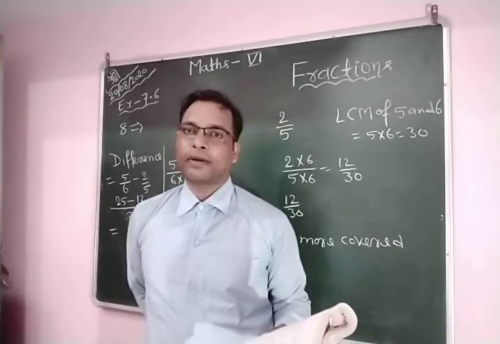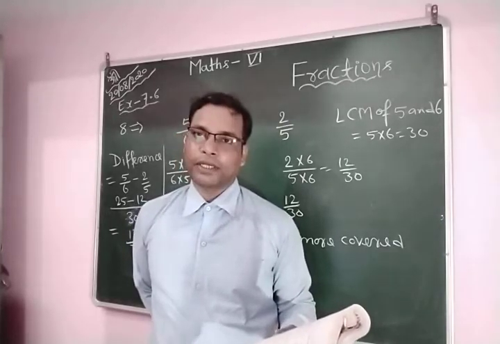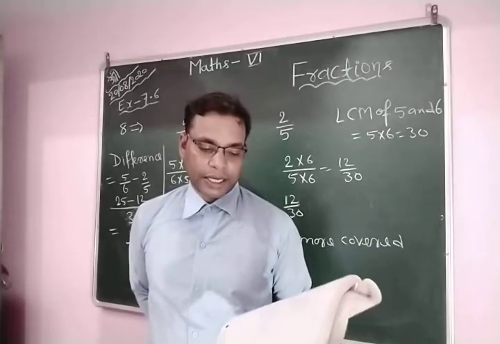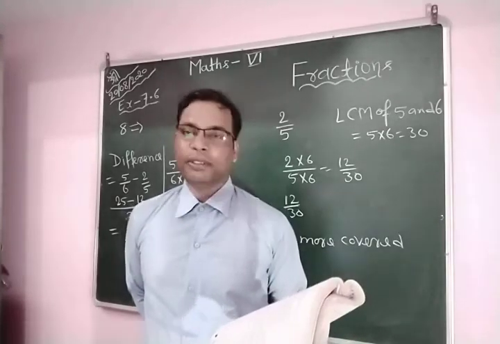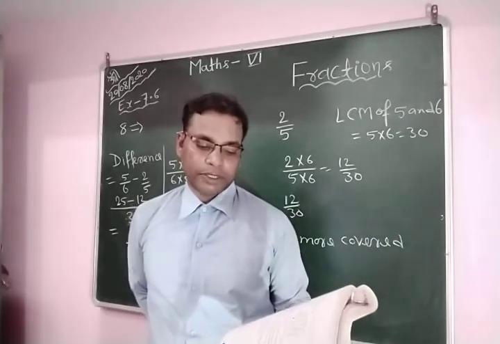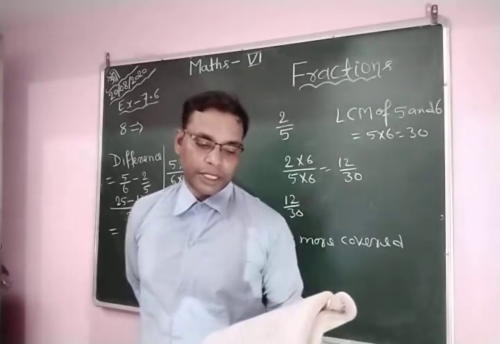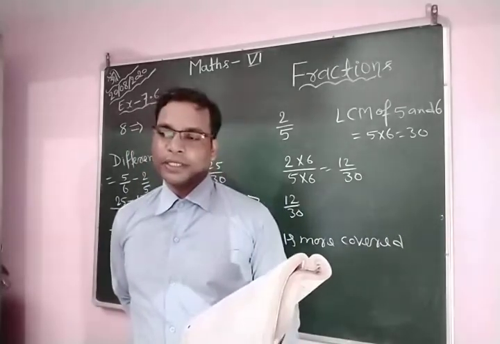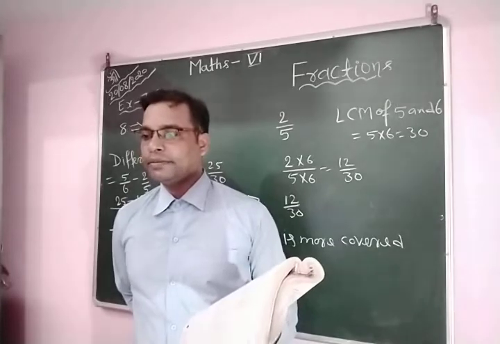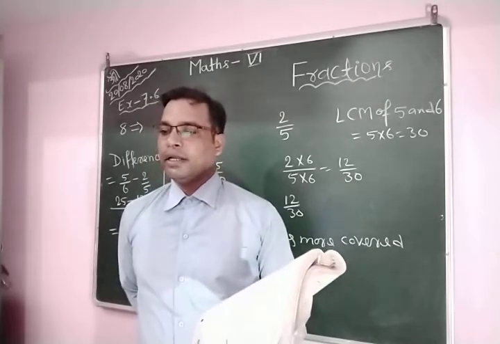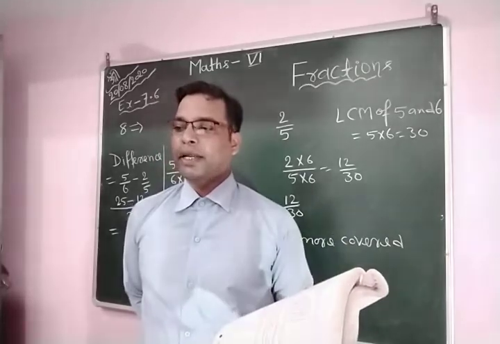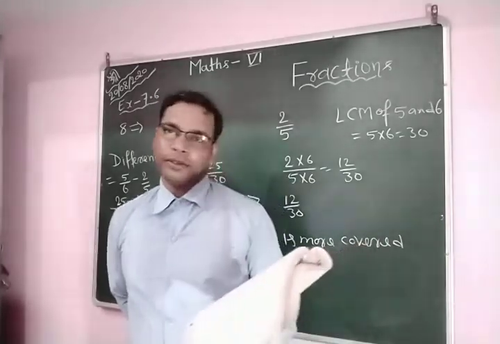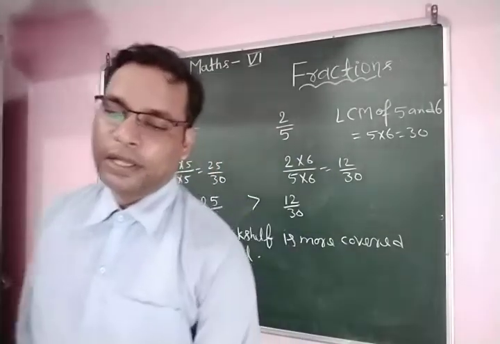This is equal to 5 into 2, 10 plus 1, 11 by 5, and the time taken by Rahul is given as 7 by 4. Then we subtract. If you compare these, you find that Rahul takes less time, and after this you find the difference. So let's see how to solve this.